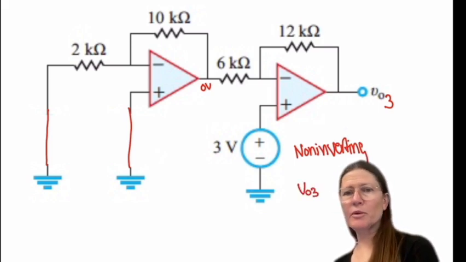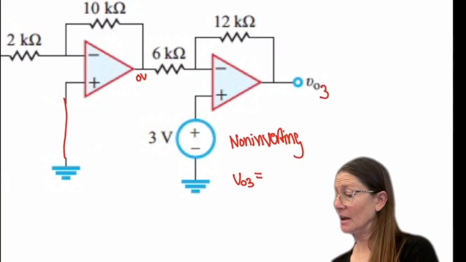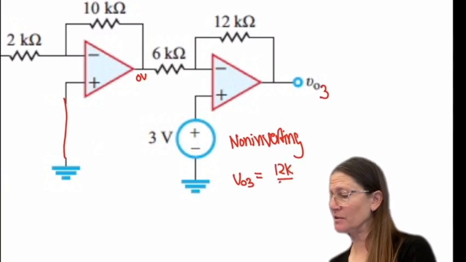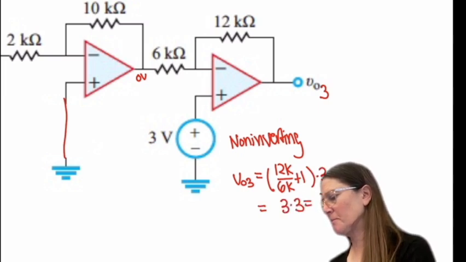And so the output here is going to be 12K over 6K plus 1, times 3. So that becomes 3 times 3, for 9 volts.